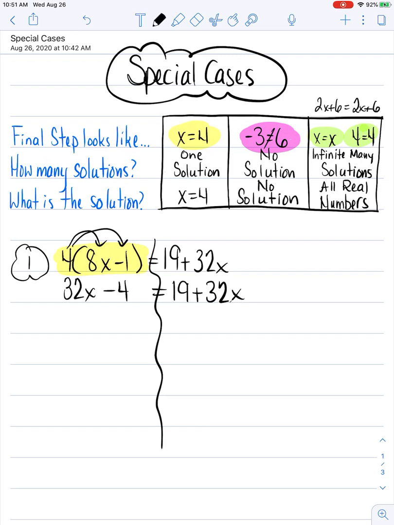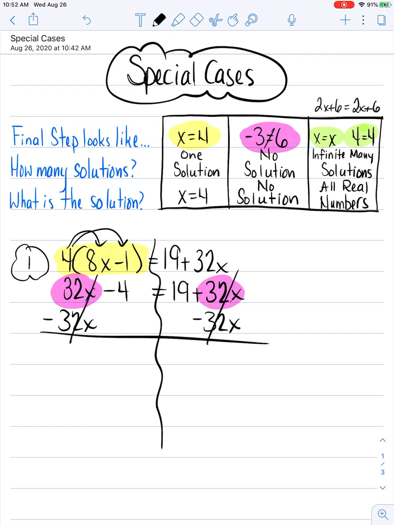I do not notice like terms on each side, so now I'm going to start isolating the variable using inverse operations. I do see that I have variables on both sides, so I'm going to start by moving the 32x to the left side. The opposite of plus 32x is minus 32x. And look at what happens. 32x minus 32x cancels on both sides, so I'm left with -4 equals 19.